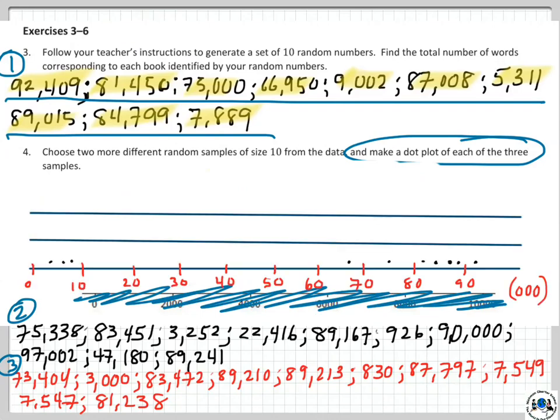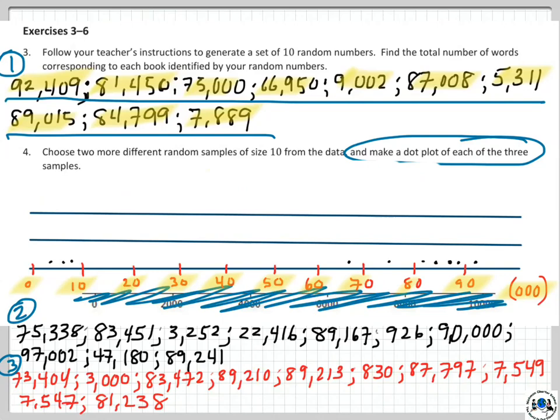Okay, so here's my dot plot number 1, and what I did down here is I put these in thousands, just to save room. It's really difficult to write the whole number out. So 10, 20, 30, 40, 50, 60, 70, 80, 90 all stand for thousands of words. You can see there's my first dot plot using all those.